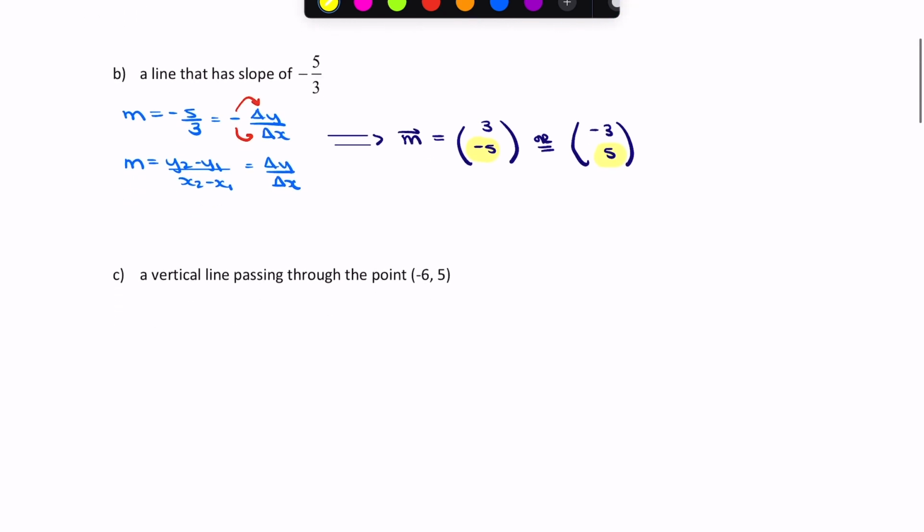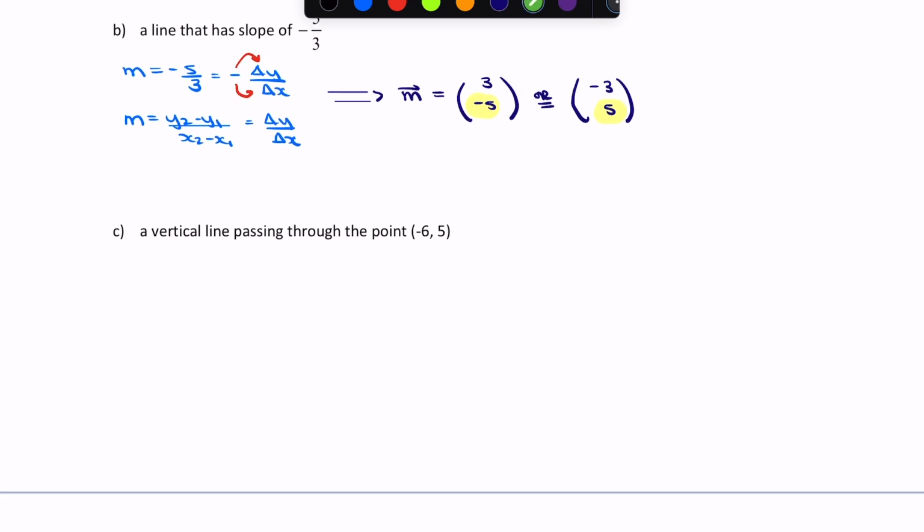Okay, and for c here, it says a vertical line passing through the point negative 6, 5.